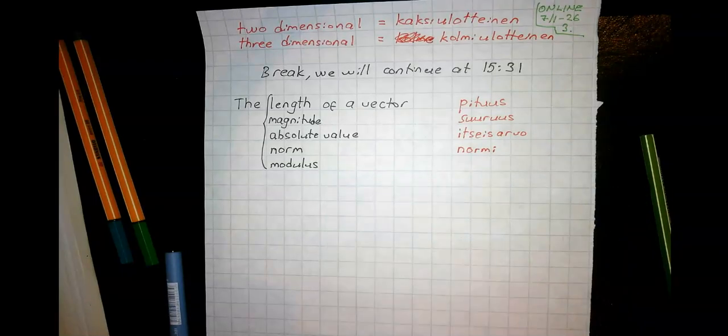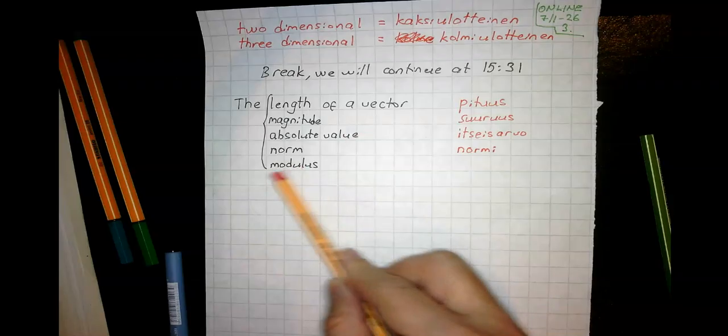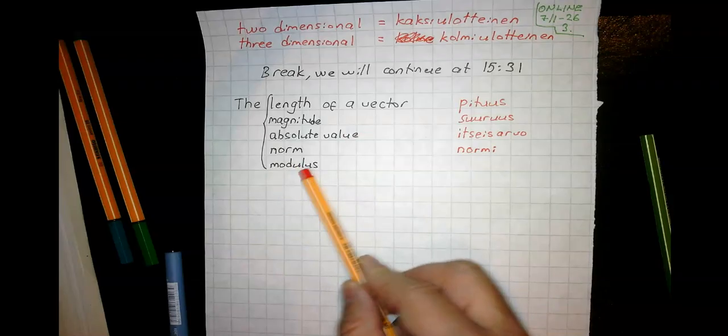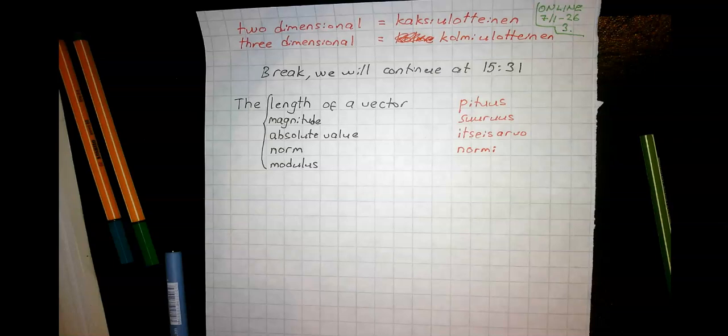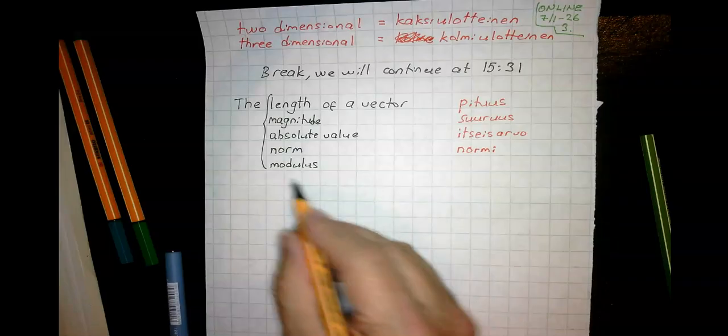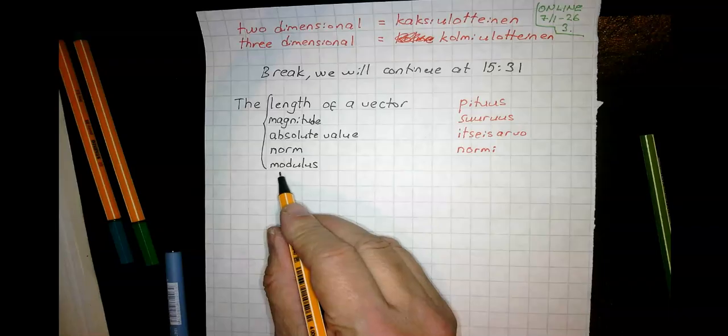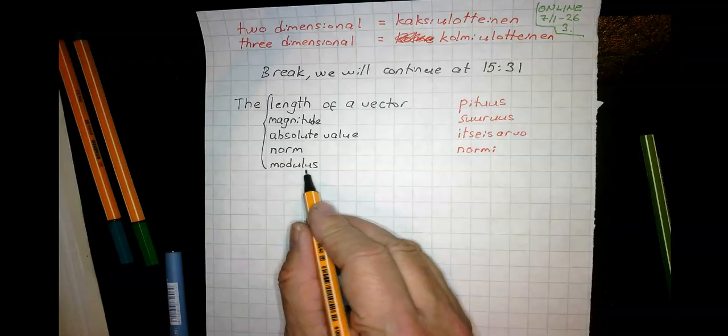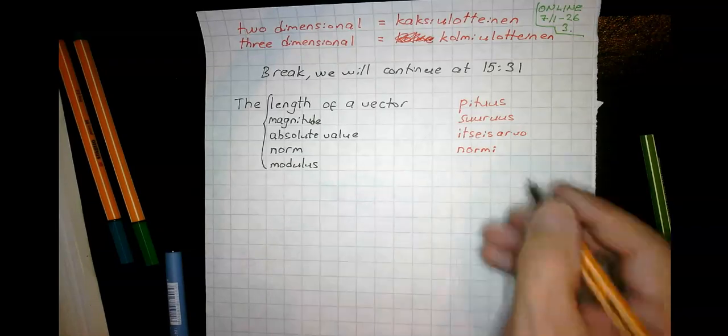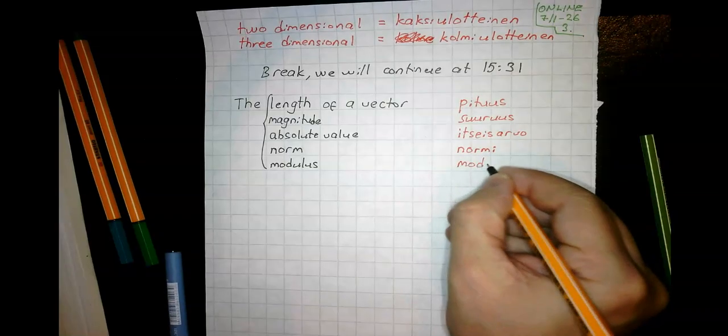This modulus is not so common. I don't so often hear the word modulus there, but from the books I've found that kind of names for the length or the magnitude of the vector. If I would change this to some kind of Finnish form, it would be moduli.